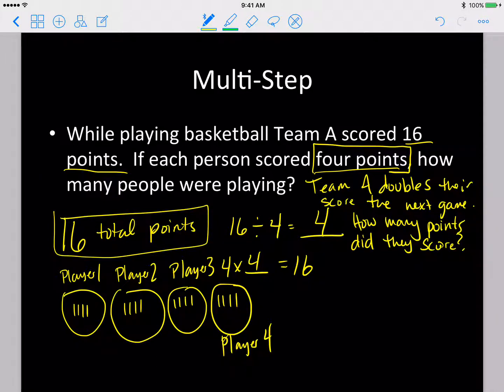So doubling just means whatever the number is, do it twice. So if they scored 16 points this time, to double it, you're just going to do 16 plus 16, but in a multiplication sense, we know that that is what? 16 times 2.